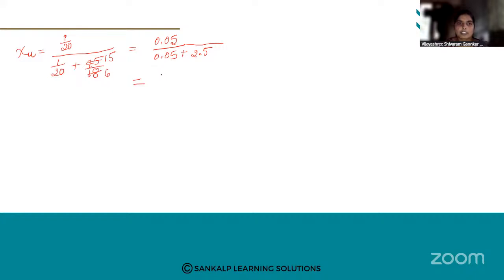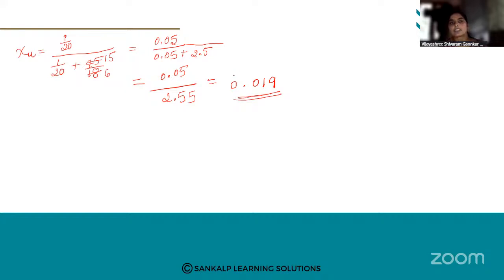It is 0.05 divided by 2.5. It is equal to 0.019. Correct.